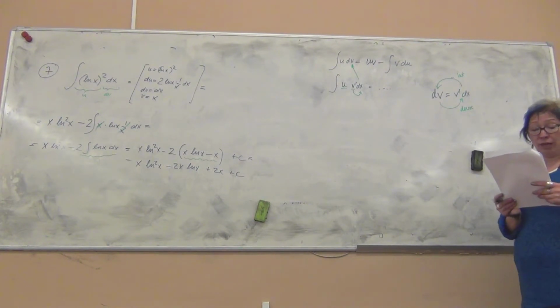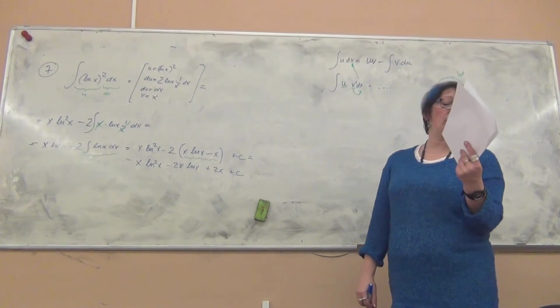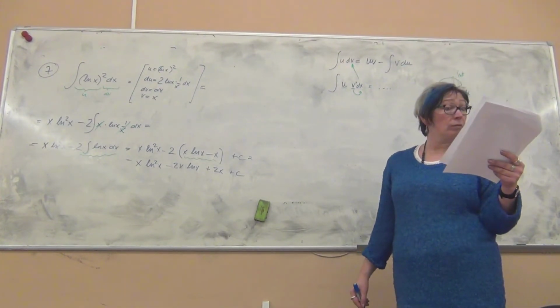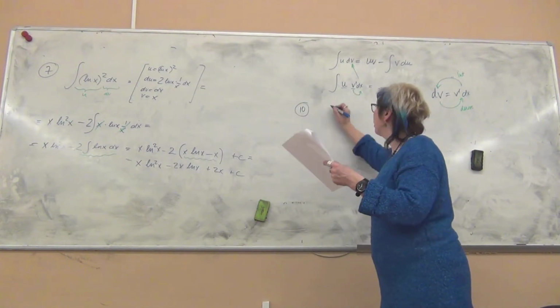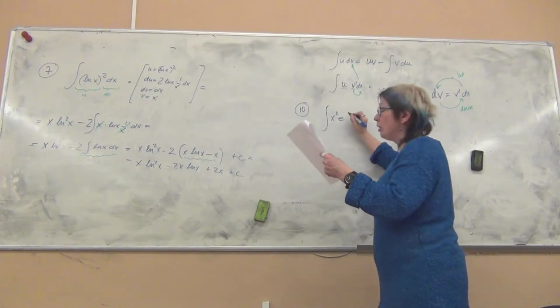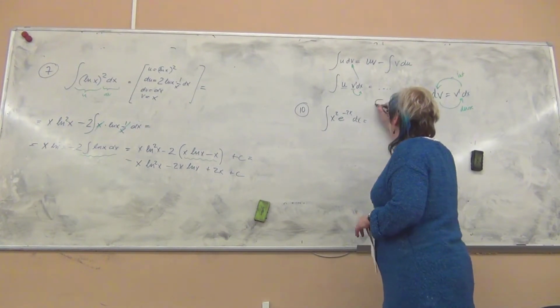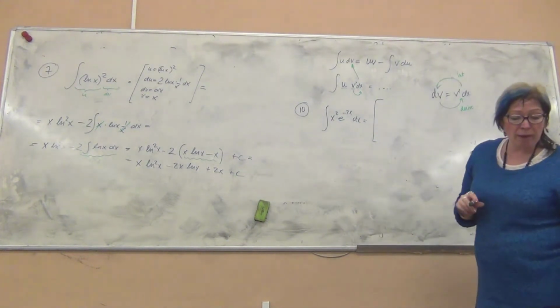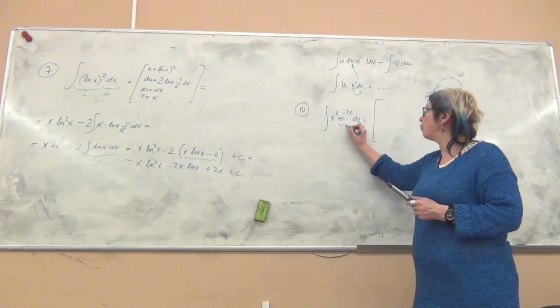10? Okay. 10 is slightly more difficult than number 9, very similar. But alright, number 10. Integral x squared e to the power minus 2x dx. So, we remember that exponential function is the first candidate for the v function.